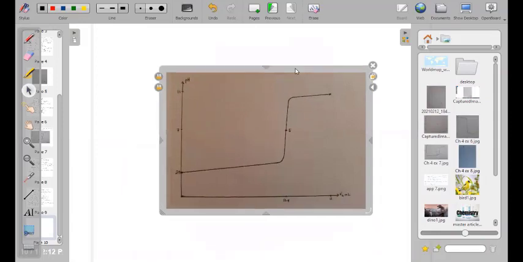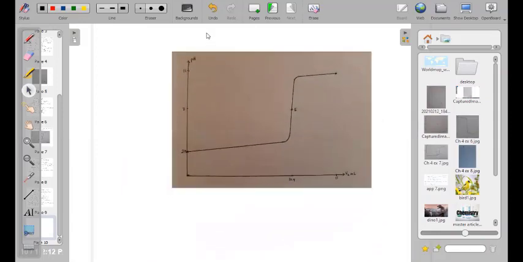Okay. Maybe part 2.1. Then the initial point is 0, 2.4.